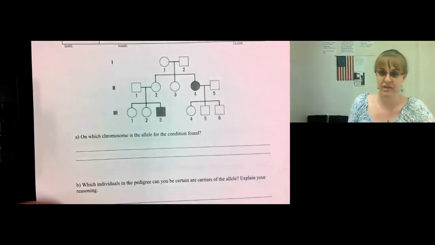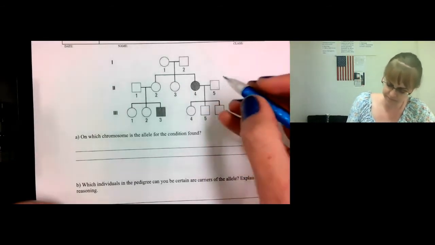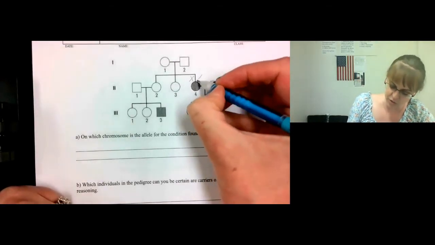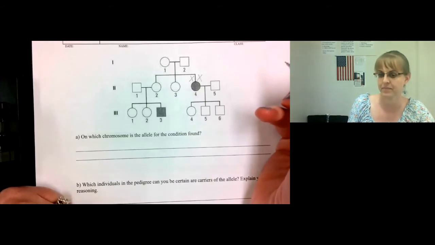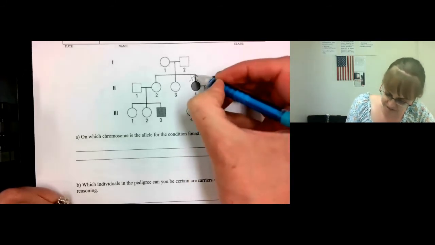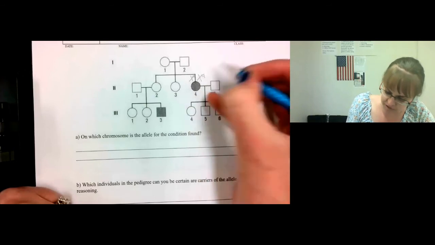Let's use a capital A and a lowercase a because it's easy to tell the difference between those letters. This is a female with 2 X chromosomes. And if she is showing this condition, she must have the recessive a on both of her X chromosomes.